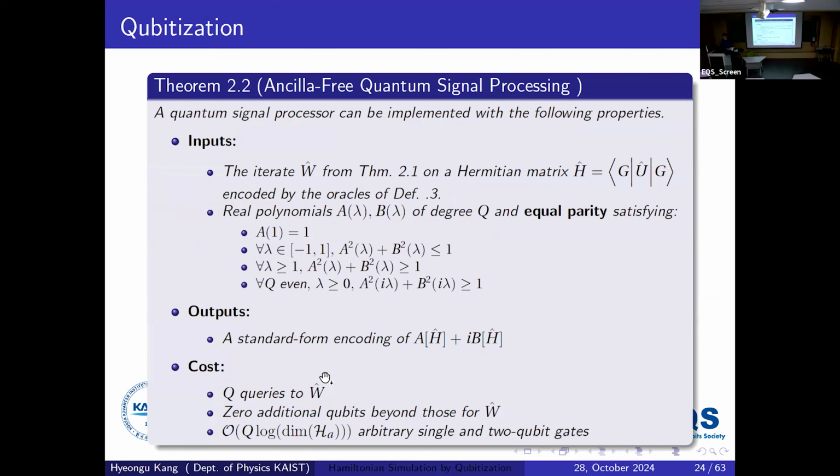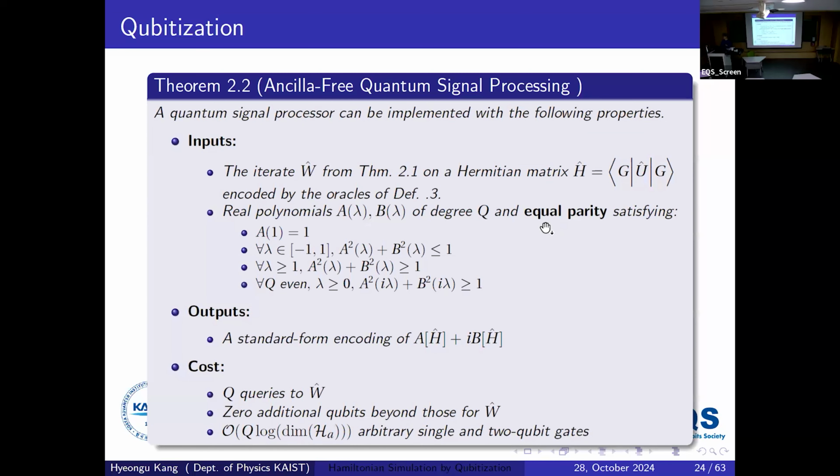So these are the two big theorems in our presentation. The first one is the ancillary quantum signal processing, and it means that if the real polynomials have certain conditions and we have some iterate, we can get a standard form encoding of AH plus iBH.